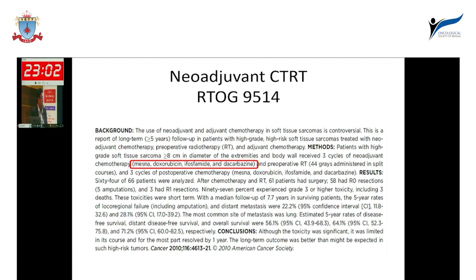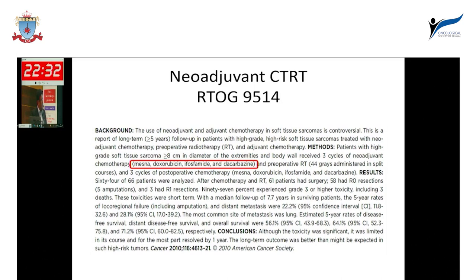So in this specific study, it was 3 cycles of chemotherapy followed by radiation assessment, followed by surgery, followed by 3 more cycles of chemotherapy. But what the study showed was that the grade 4 hematologic toxicity was significant. So we have to be very careful when we pick patients for neoadjuvant chemoradiation.